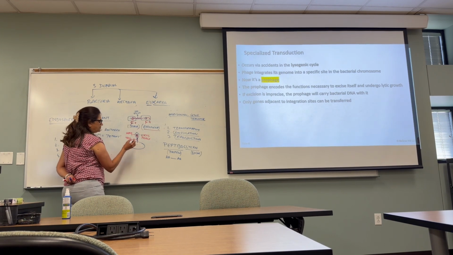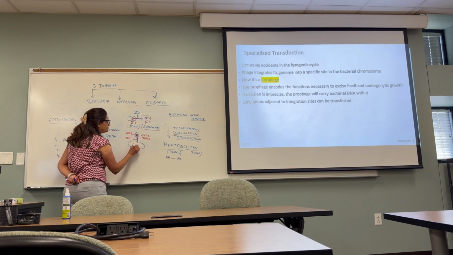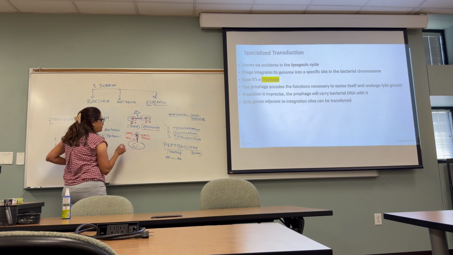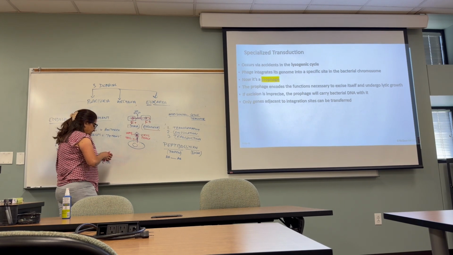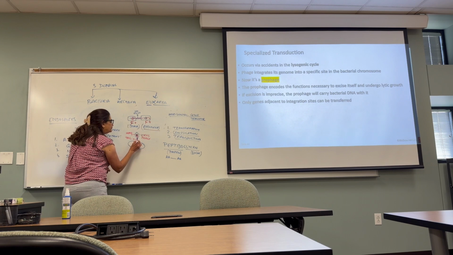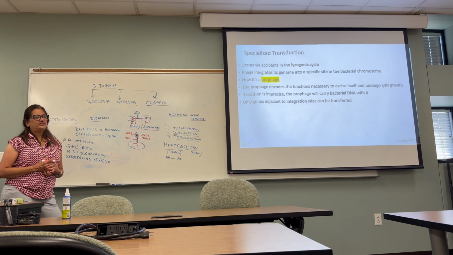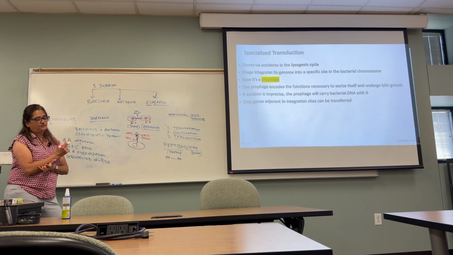So let's see, now this is the bacterial chromosome, right? What it will do is, in this case, the viral DNA is going to sneak inside the bacterial DNA and will become part of it.